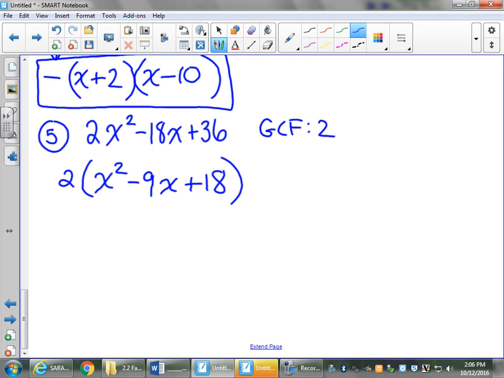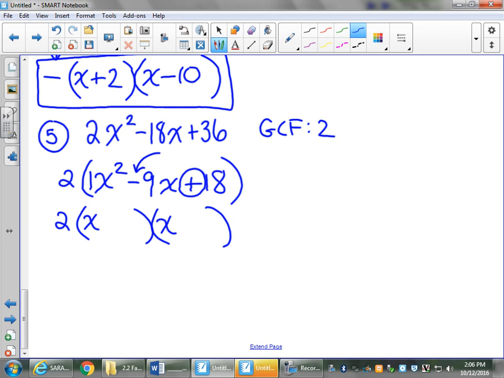Now, within the parentheses, that trinomial now has an a value of 1. So we can break that into our 2 binomials using the strategies we were just learning by finding factors of 18 that add to negative 9. The C is positive, not negative, so we have to have the same signs in our binomials. So that's when we look at that middle B term.